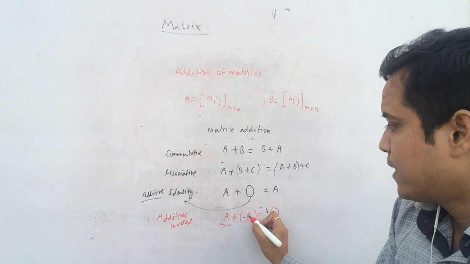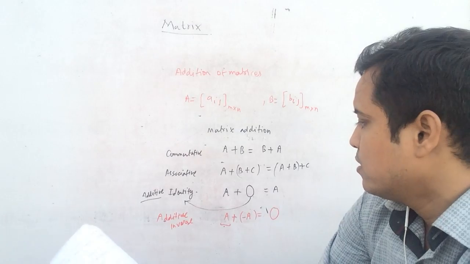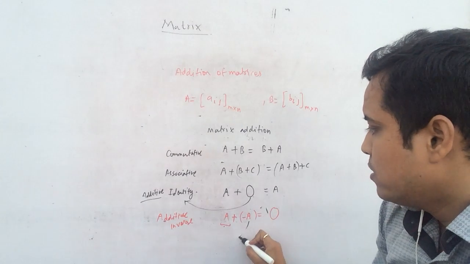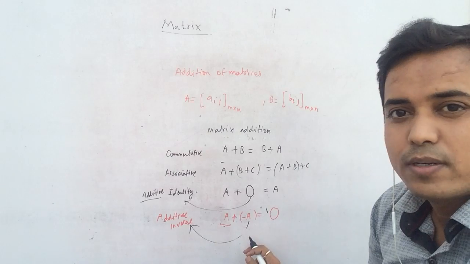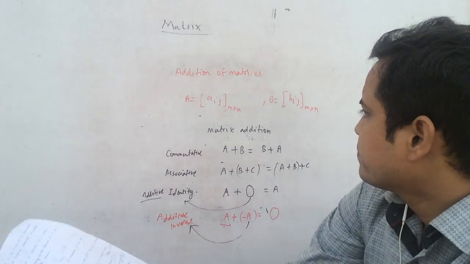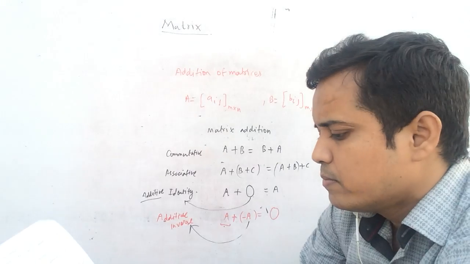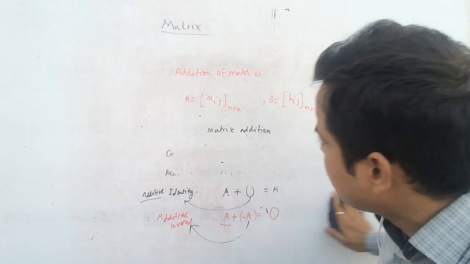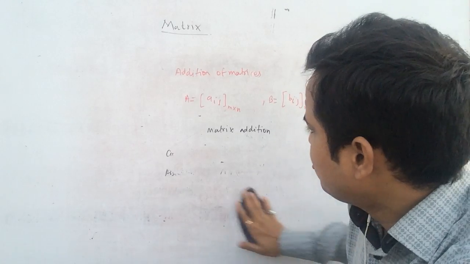So here it is the negative: minus A is the negative of the matrix. Minus A would be the additive inverse. This is part of the algebra of matrices, the properties of matrix addition.